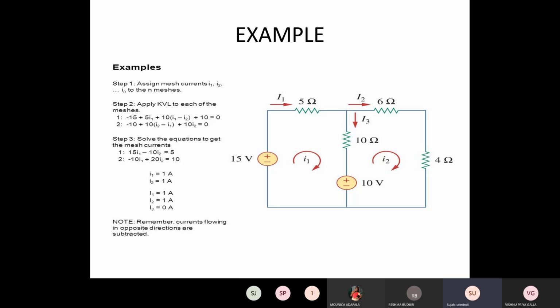When we have to write the equation for the first loop, the current will be taken as the first preference, and if the directions of I1 and I2 are opposite, then you put I1 minus I2. If there is the same direction, we put I1 plus I2. When there is the opposite direction, we put it as I1 minus I2.